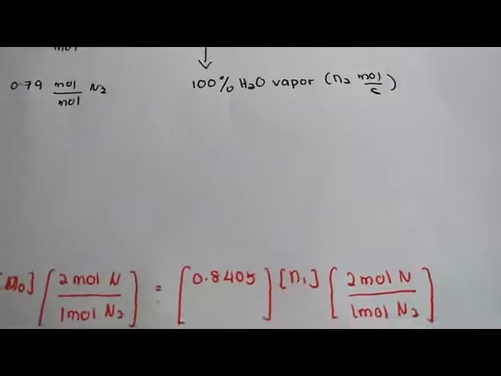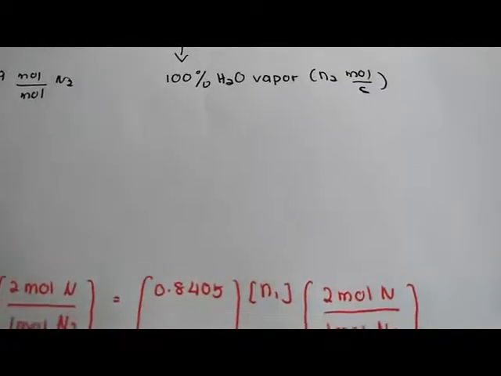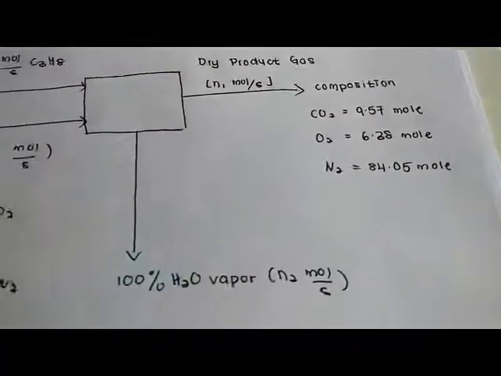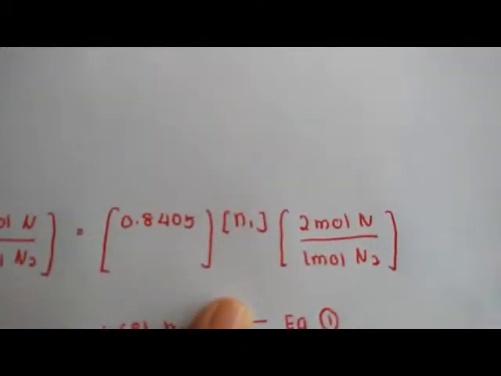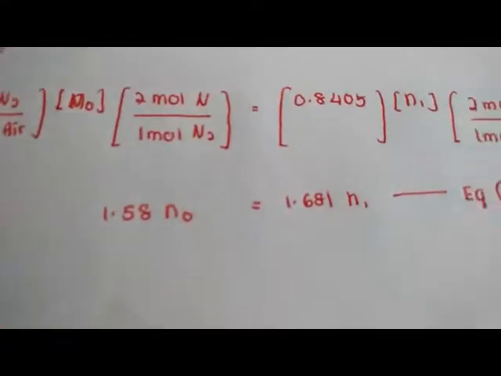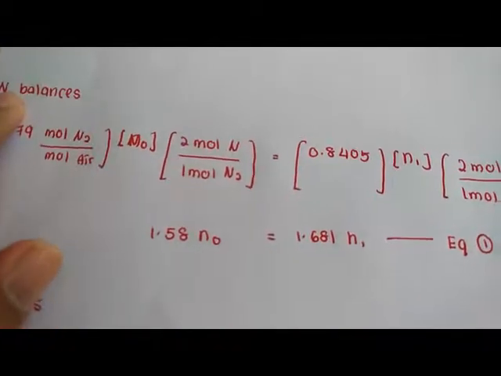So the outlet equal to 0.8405 for the nitrogen from this composition. Next times N1 and 2 mole N atomic per 1 mole nitrogen. So we will get the third equation for the N balance.